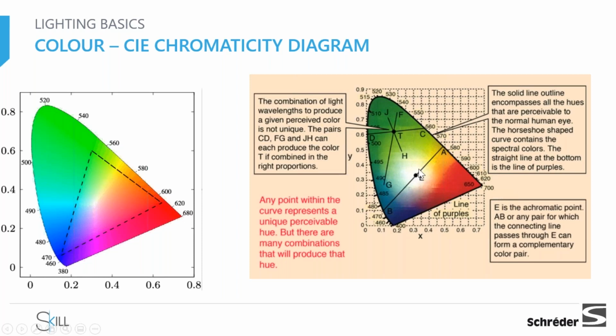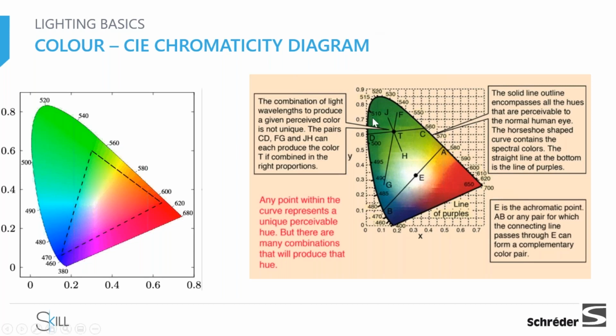If we are going more toward point A, the concentration of point A will be higher, so the color will be closer to the 575 nanometer. And if we are going toward B, we are going closer to the 475 nanometer. So different points in this line represent different mixtures between the two colors.